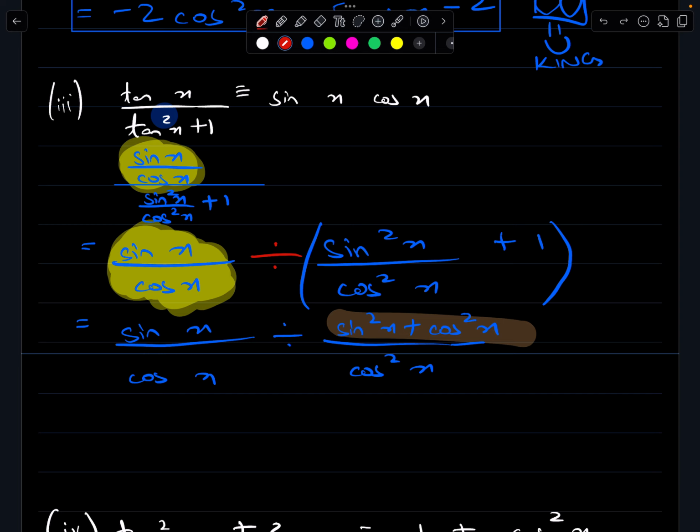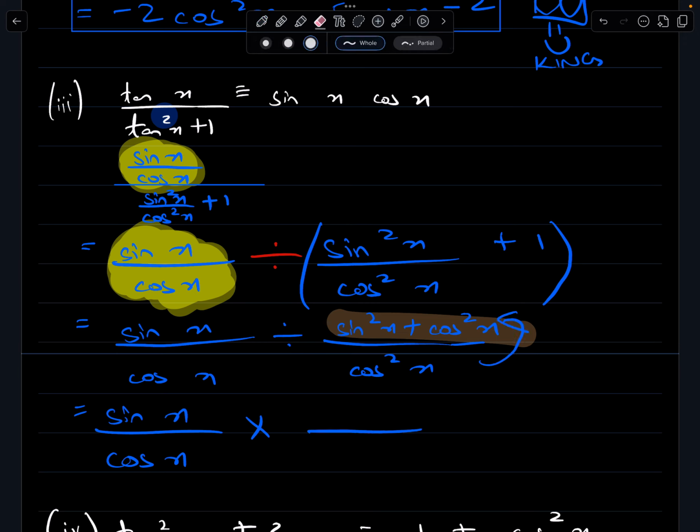So rewriting this, we have something like sine x over cos x multiplied by the denominator becomes the numerator and the numerator becomes the denominator.